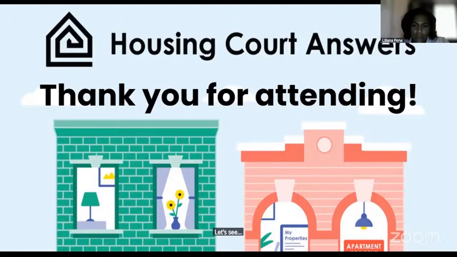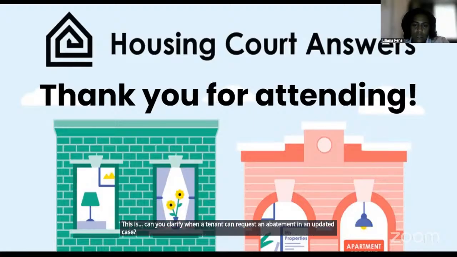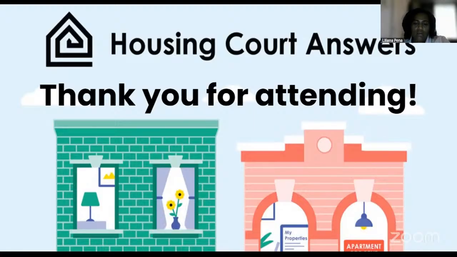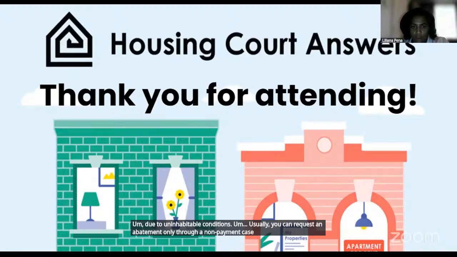Let's see. This is, can you clarify when a tenant can request an abatement in a non-payment case? An abatement is a reduction in rent due to uninhabitable conditions. Usually you can request an abatement only through a non-payment case, is what we are told.